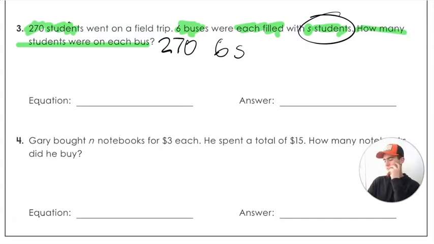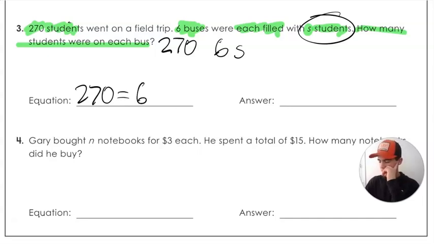So we've got 270 students, which were each filled with S students. So that'll be times S, because you don't see any sign there, which means it's times.